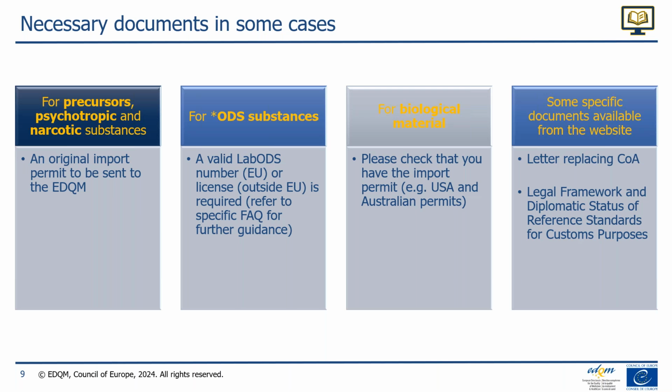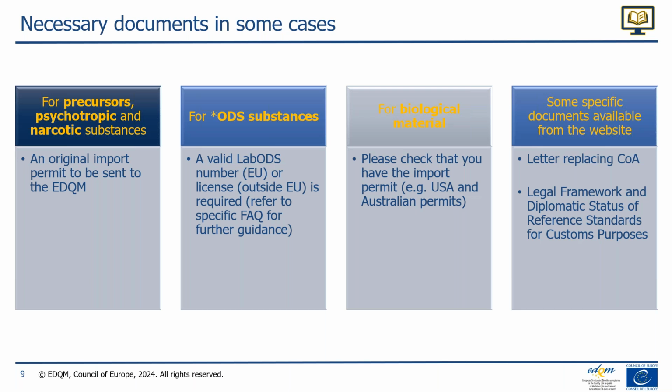We have 2 items in the catalog classified as ODS, or ozone depleting substances, and for them you'll need a valid lab ODS number or a license depending on your location. Be cautious here because some countries may refuse the import of these substances.